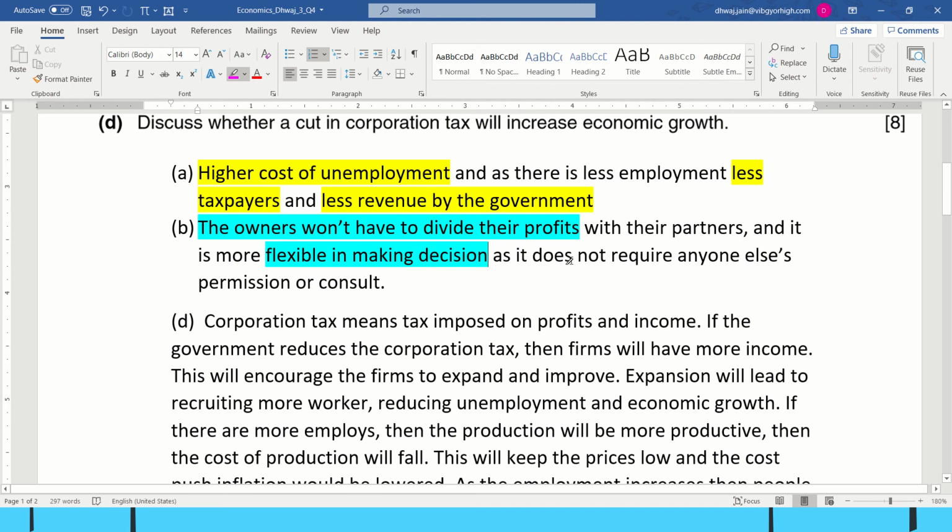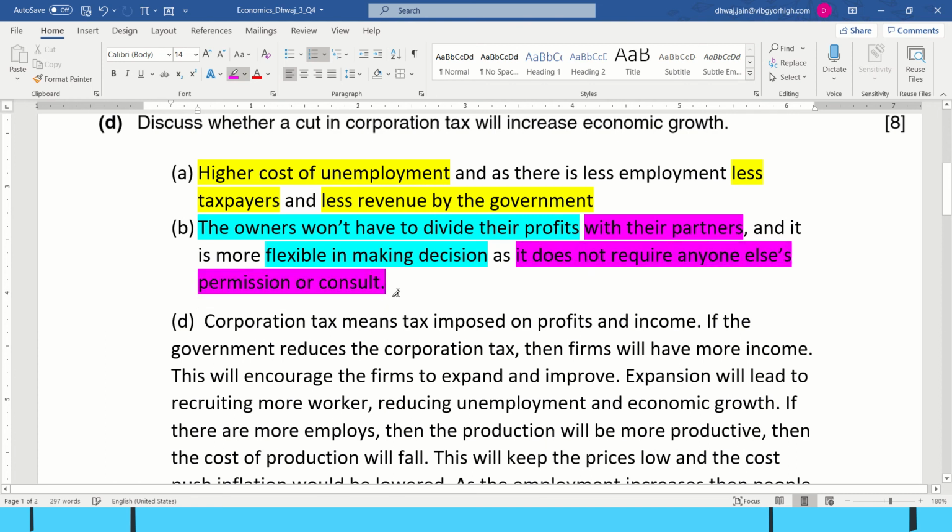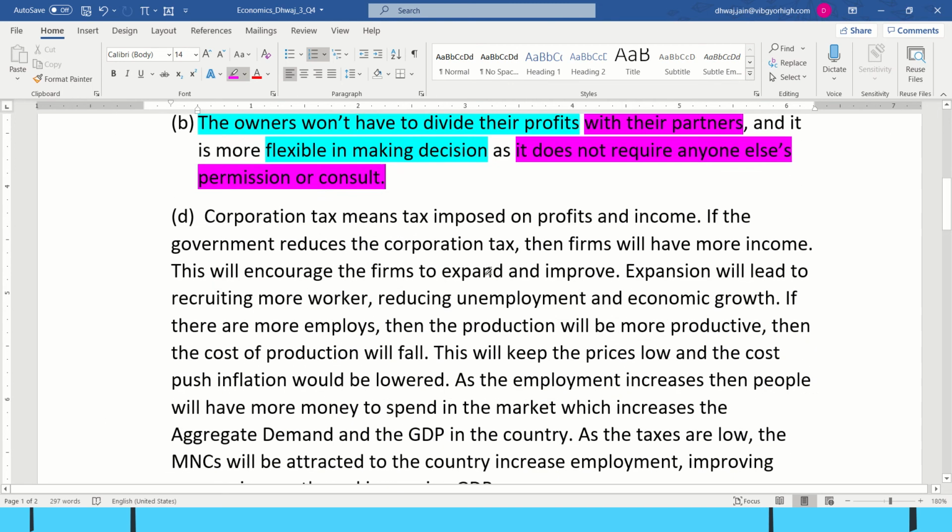Alright, now I have to develop a chain on that. Okay, they do not have to divide their profits with partners. Okay, flexible in making decisions. Now what can I build on this? I have written as it does not require anyone else's permission or consult. Okay, so I have built on these 2 points. It's not like I have just given 2 points. I have built on these 2 points.